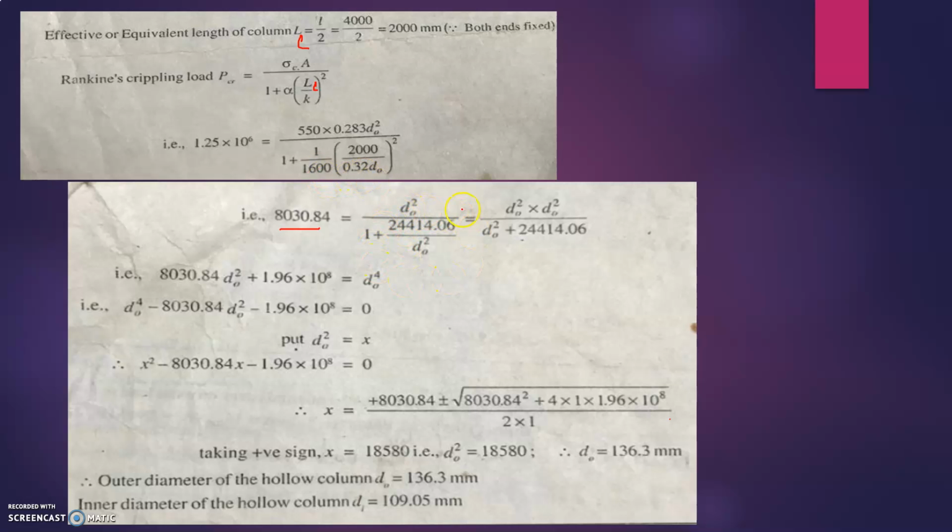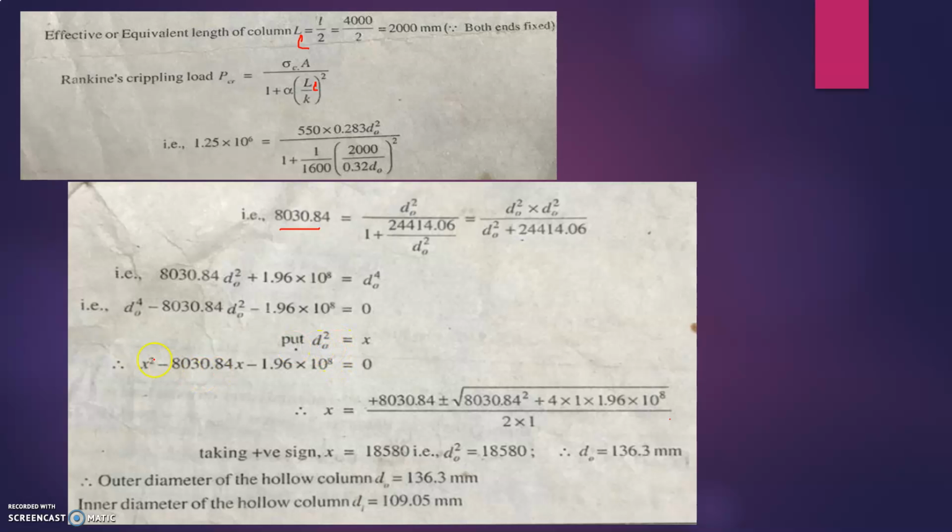Once you get this, take the LCM, so that is d naught square divided by, plus 24414.06. Now cross multiply, you get d naught square into d naught square, that becomes d naught to the power 4, equal to this equation. Now what you can do, you can take d naught square equal to x. Write that equation in the form ax square minus bx plus c.